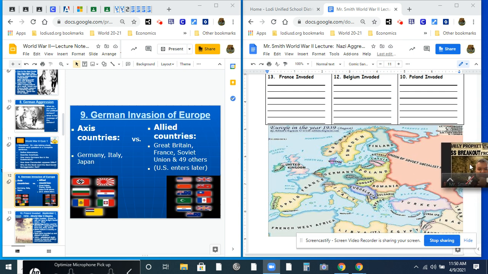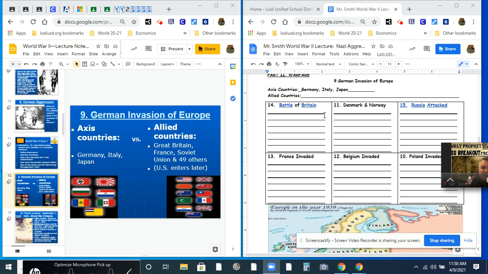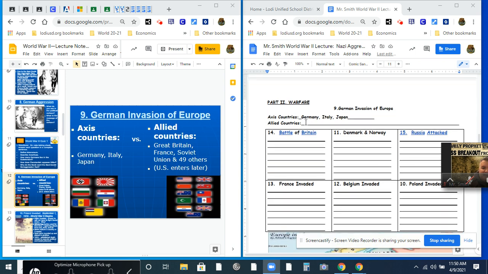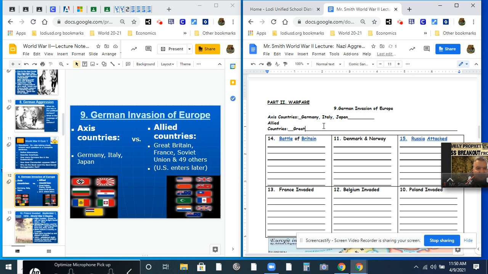Okay. So the next thing you want to add to your notes is the Allied countries. You really just need the first 3 or 4: Great Britain, France, Soviet Union. Remember, when Russia is communist, they're the Soviet Union or USSR. When they're not communist, you call them Russia.